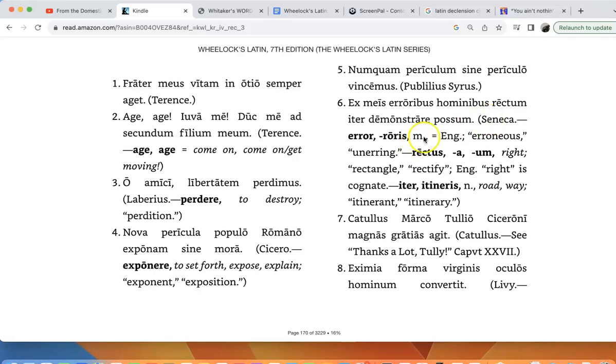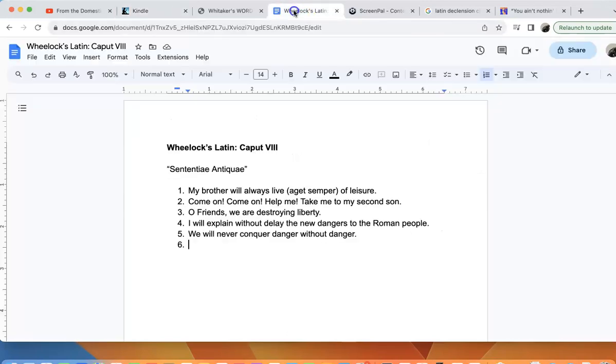So here we have Seneca, the Stoic tutor of Nero, before he was executed. Possum, so I am able to demonstrate the right way from my human errors. So let me write that down, then I'll try to explain it here. So I am able to demonstrate the right way from my human errors.